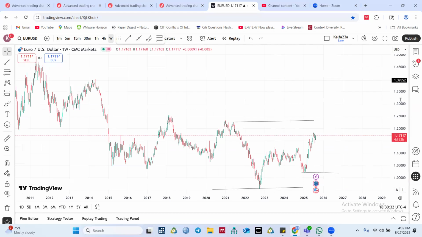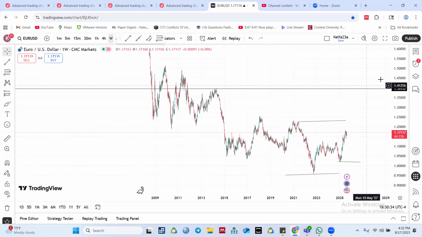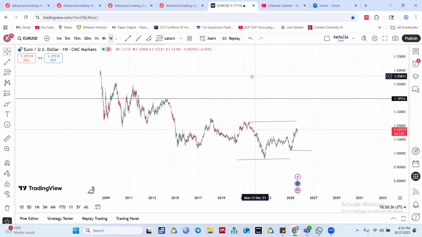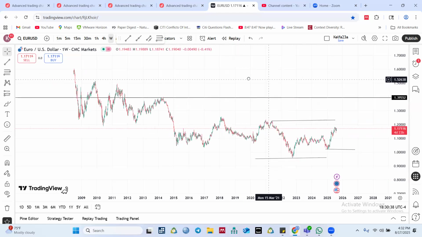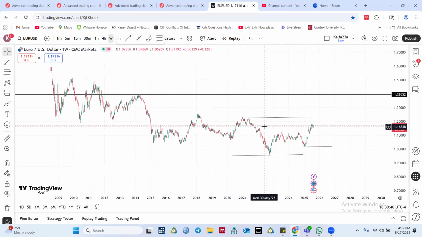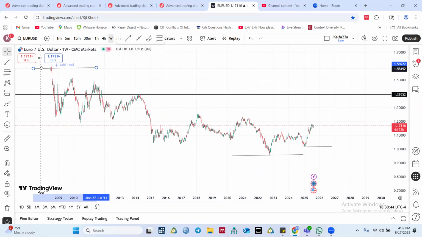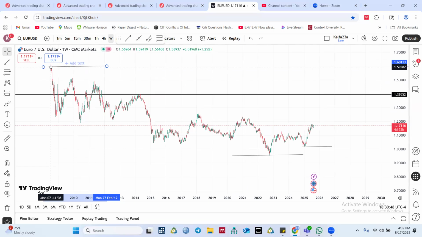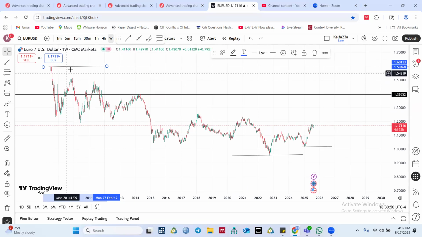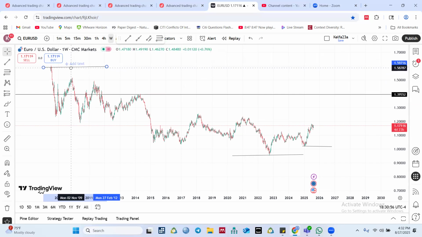Good. With that said, the first thing to do from this weekly time frame or monthly is to know what is the trend. So from just up here, the trend is bearish for me. Why am I saying bearish? From our previous class, we've used market structure to help us identify what a bearish or bullish or ranging market is.